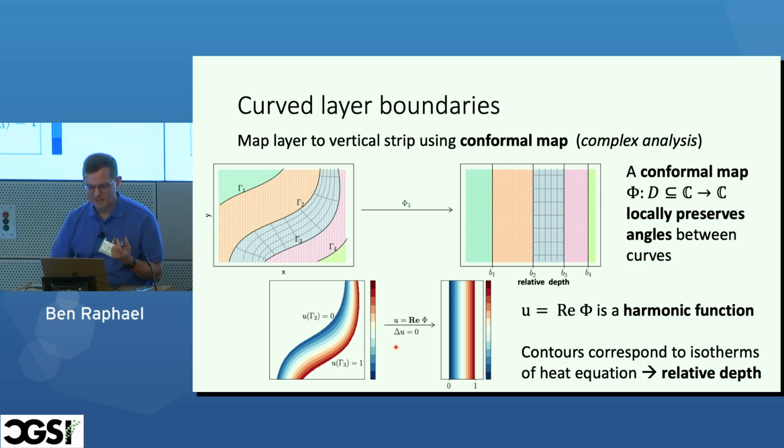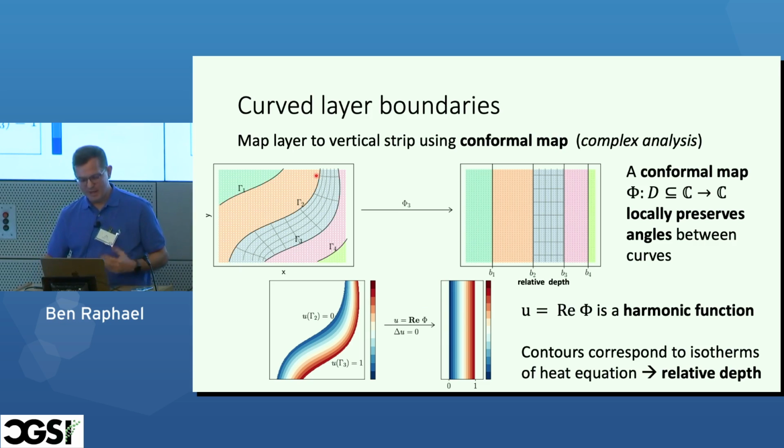And those curves of constant temperature are exactly this coordinate that describes the depth or location within a layer. So we don't need all the fancy stuff, but we do need something from solving the heat equation, or what's called a harmonic function. And so we can compute this single coordinate for, in essence, an arbitrarily curved layer.